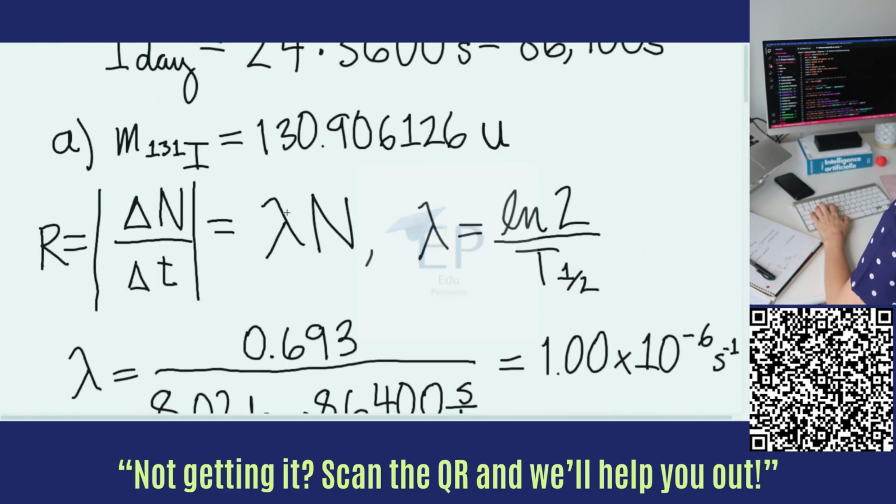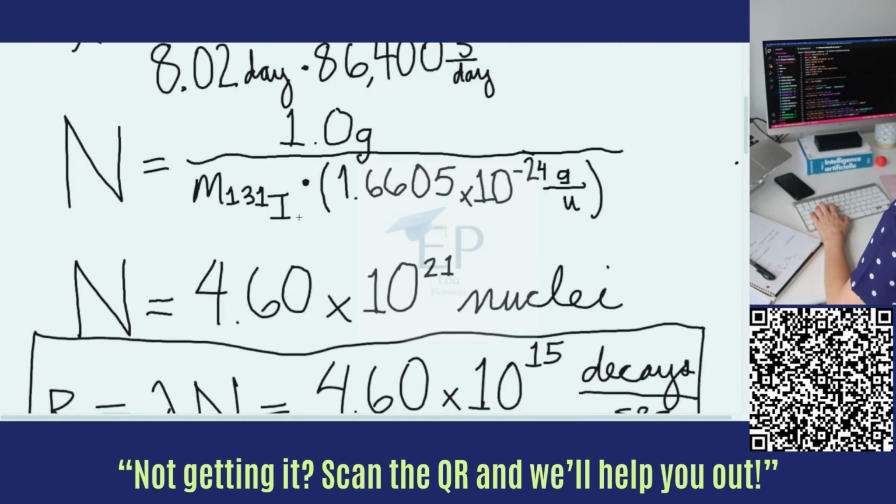Secondly, we need to find the number of nuclei that are present in the sample. We're told that the sample mass is 1 gram. So we're going to take the atomic mass of the iodine-131 isotope in atomic mass units and convert it to grams using this 1.6605 times 10 to the negative 24th grams per atomic mass unit scale factor.